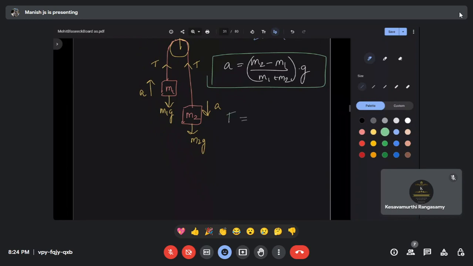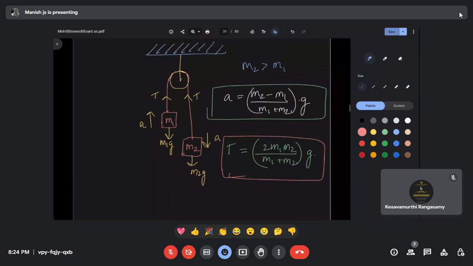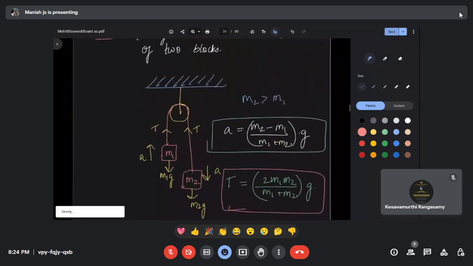So tension is 2 M1 M2 upon M1 plus M2 into G. This is the relation for tension. Whenever you have 2 blocks going over a pulley, this is a relation that is very useful for us. Okay. So this is for pulley.